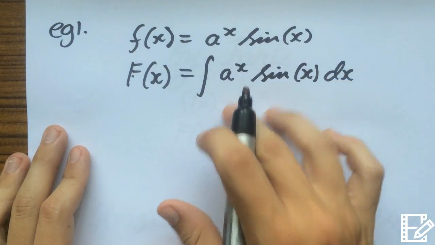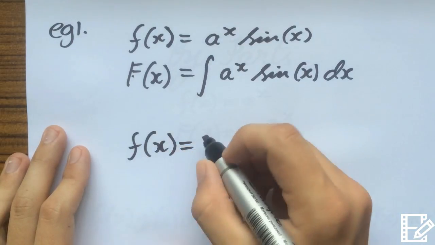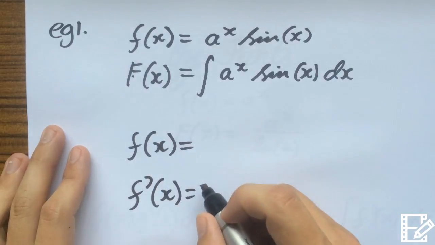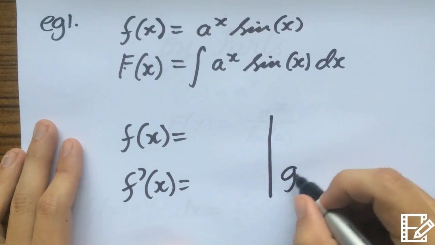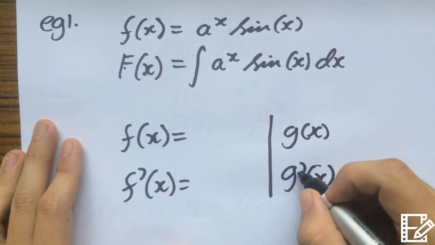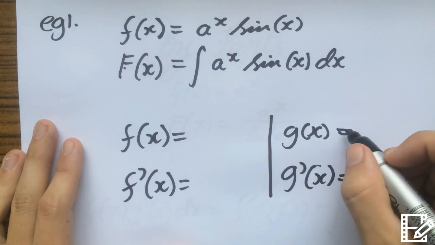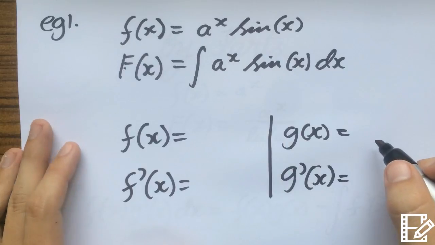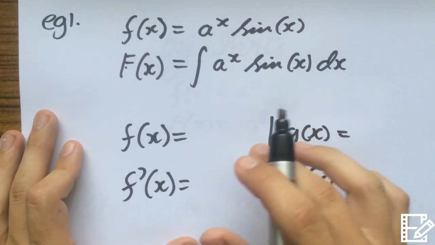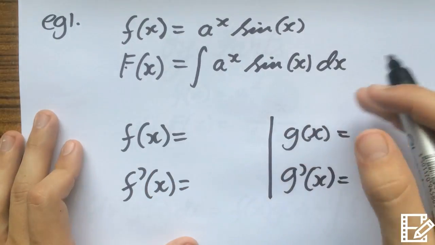Okay, let's decide which one. We'll have f of x, and we'll need to find f dash of x, so we'll need to differentiate whatever we call f of x. And we'll have g dash of x, but we won't have g of x, so whatever we pick as g dash of x, we need to find the integral of that to get g of x, if that makes sense. So you pick one of these. Preferably, I like to pick f of x to be the one that simplifies easier.